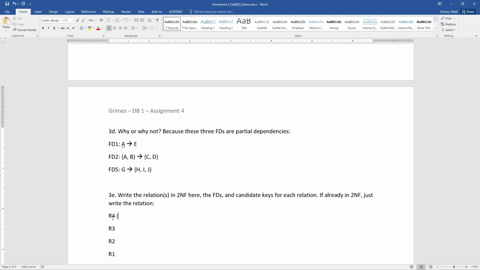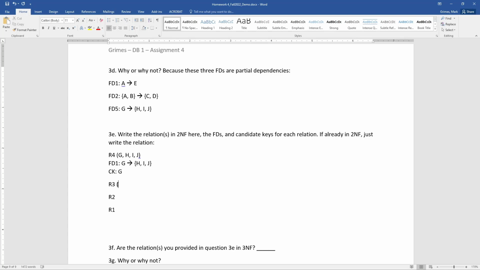Relation 4, we'll put G, H, I, and J in with this functional dependency of G functionally determines H, I, J, and that is going to have a single candidate key of G.